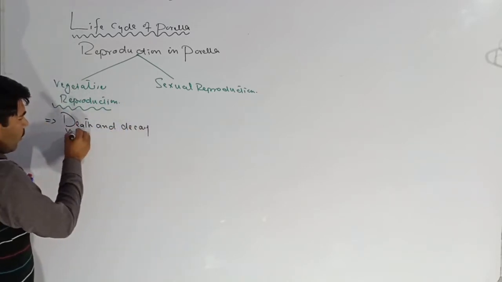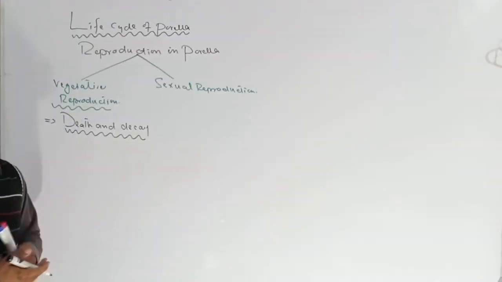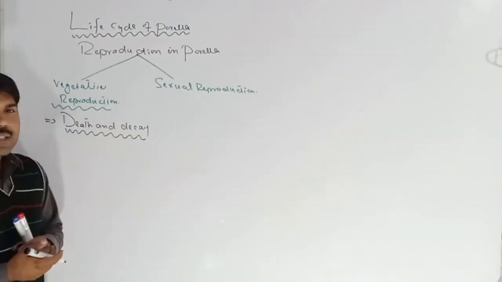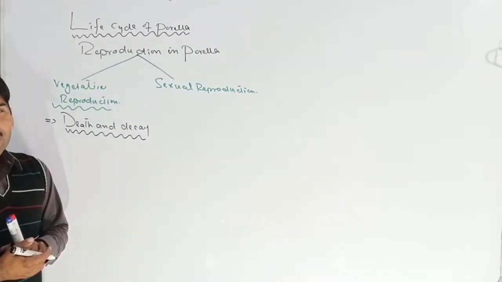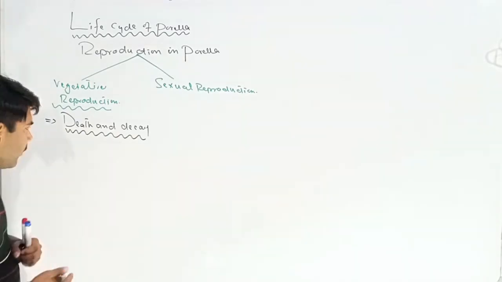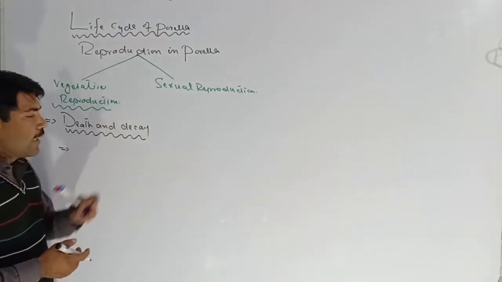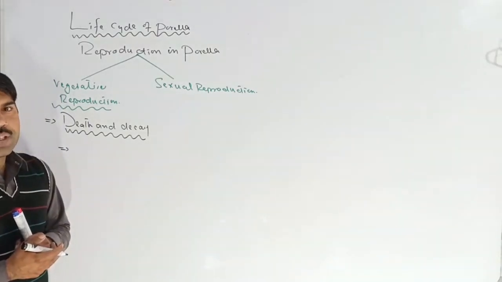What are the meanings of these words, death and decay? How are they involved in vegetative reproduction? It's very interesting.